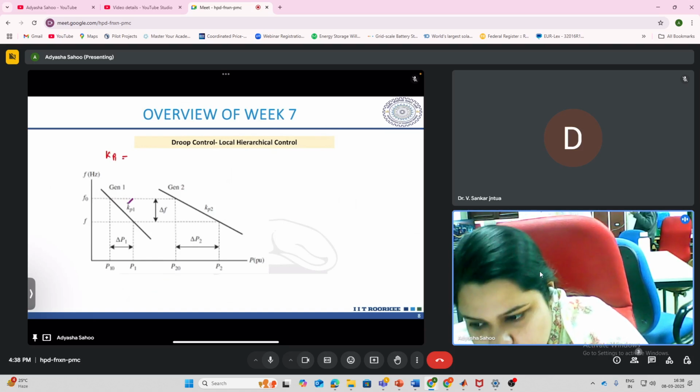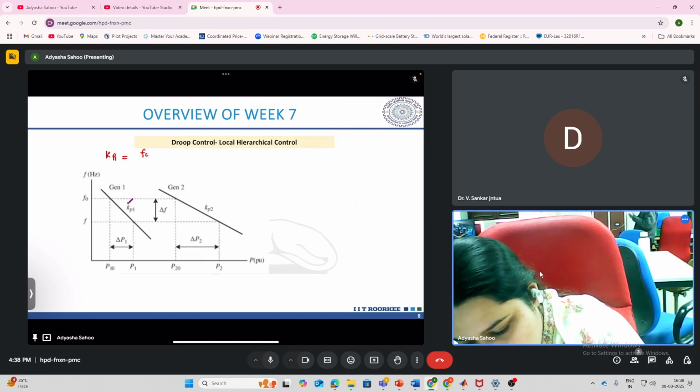In the y-axis you have frequency, so f naught minus f by P1 minus P1 naught. Similarly, Kp2 is the same f naught minus f, and the change in power is P2 minus P2 naught.